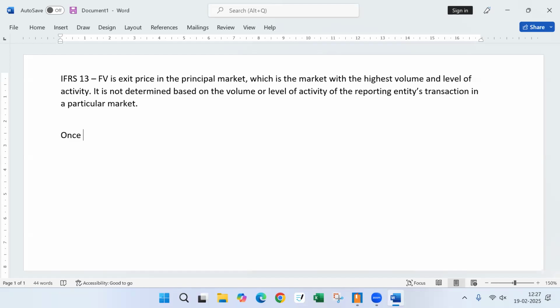Right? So once the accessible markets are identified, market-based volume and activities determine the principal market.